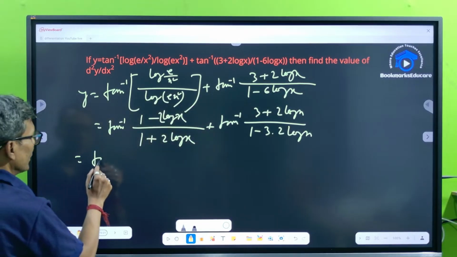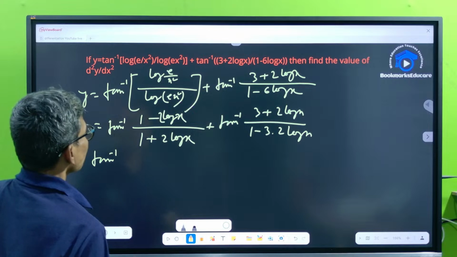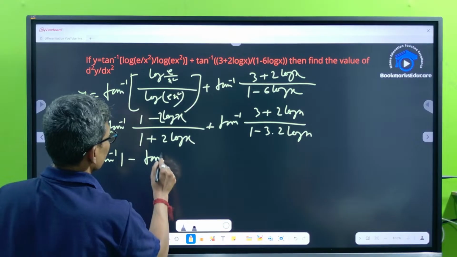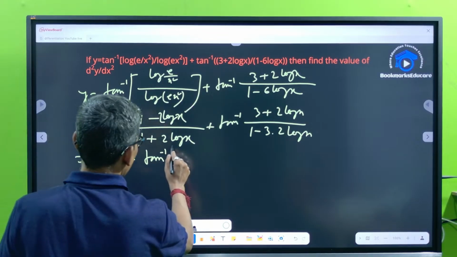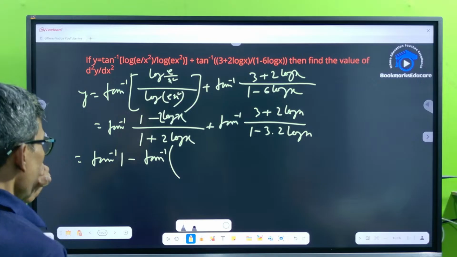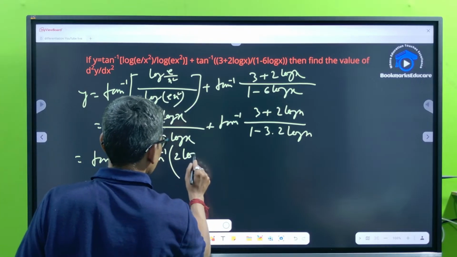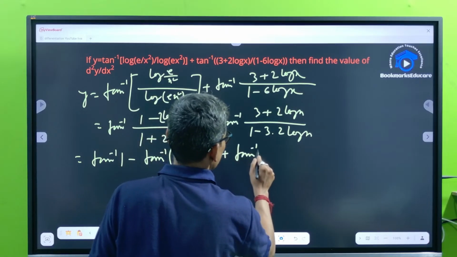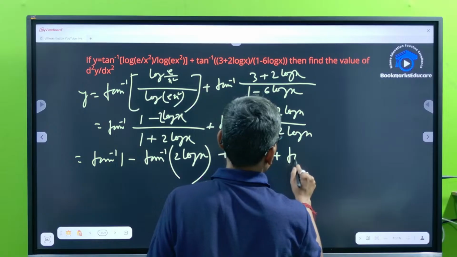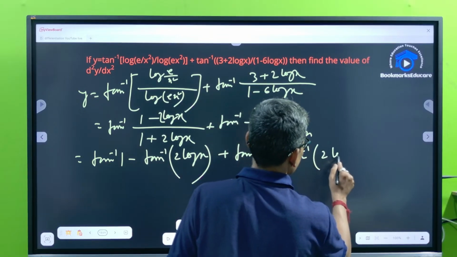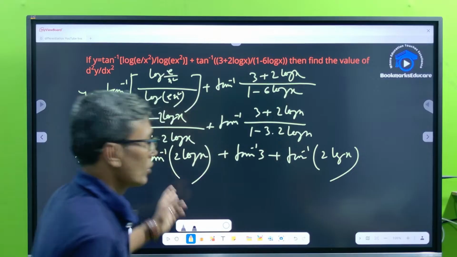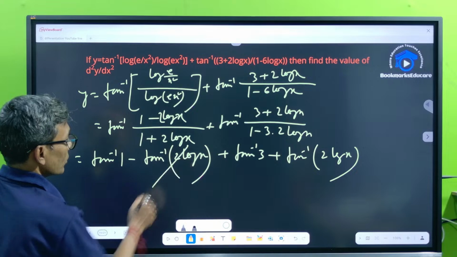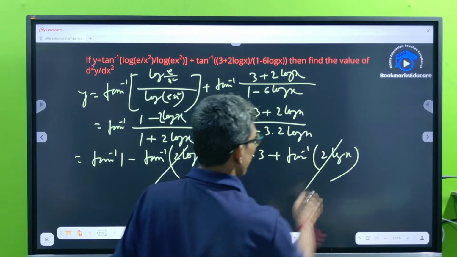So tan inverse 1 minus tan inverse 2 log x plus tan inverse 3 plus tan inverse 2 log x. ये trigonometric inverse function का formula apply कर दिया. सो tan inverse 2 log x, tan inverse 2 log x कट जाएगा.